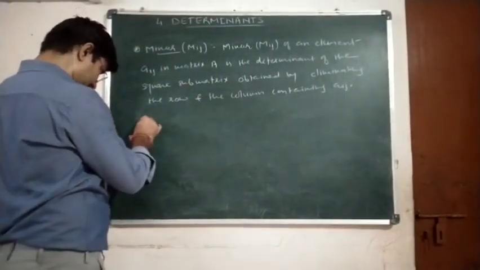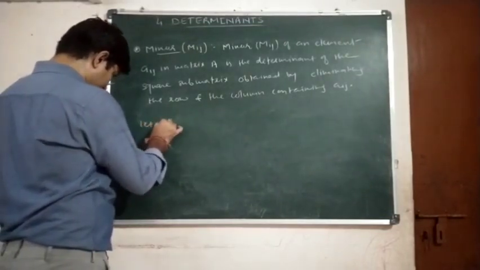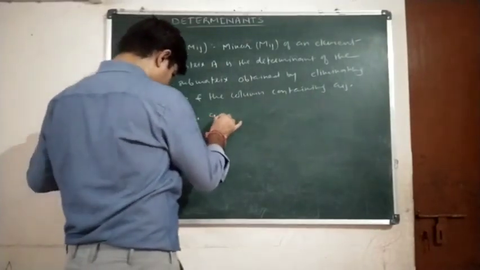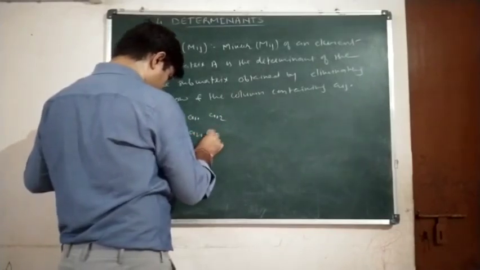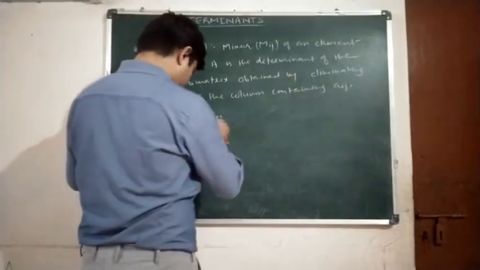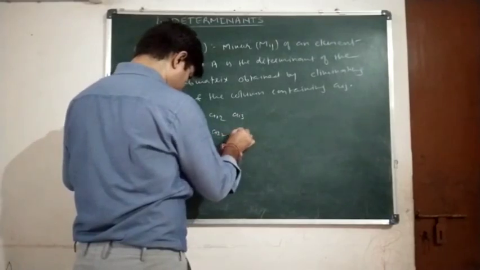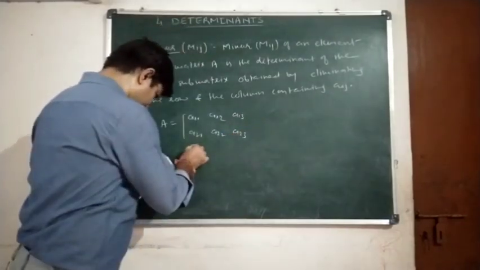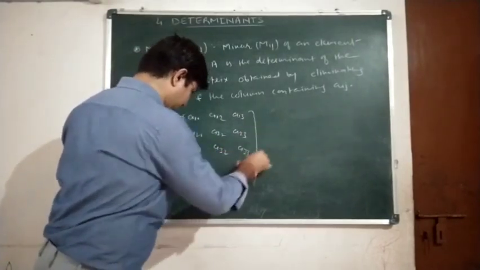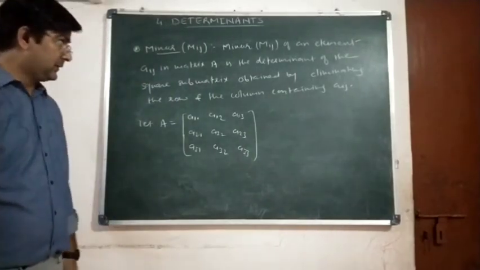So what is a minor? Let us see. So minor Mij. Let us consider, let me take an example of a 3 by 3 matrix. So A is equal to A11, A12, A13, A21, A22, A23, and A31, A32, A33. Okay, this is a square matrix of order 3. Yes or no?